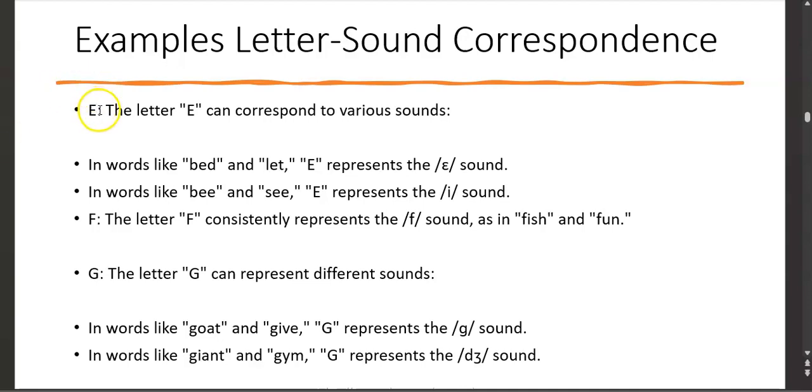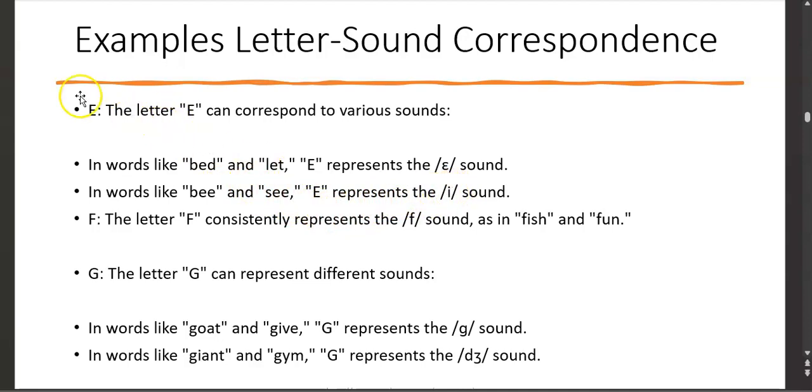So we have letter E. It's just one letter, right? But there are various ways to sound it, various ways to bring this letter out. In words like bed, let, the pronunciation is short E, okay? But the letter is E. In words like be, see, the sound is long E, okay?